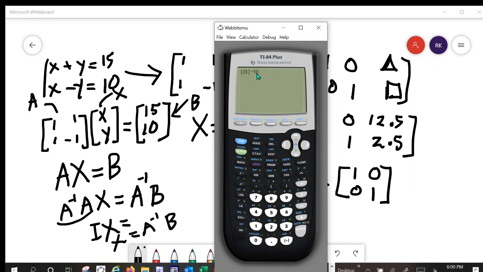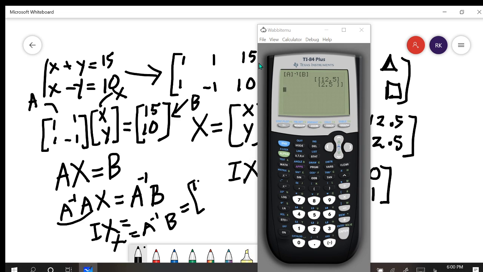We want to take that and multiply it by matrix B. So let's get matrix B here and enter. There. See, the answer is a matrix that is 2 by 1, and it's 12.5 and 2.5. So that's how we can do it with inverses.